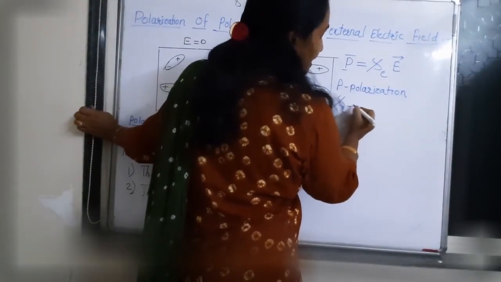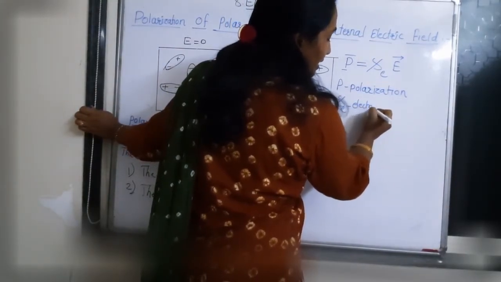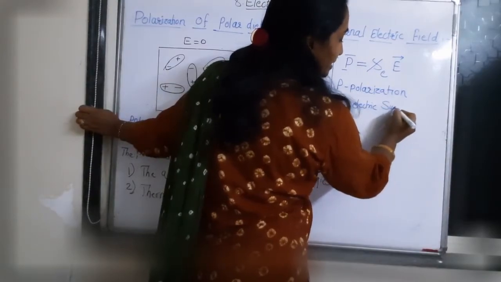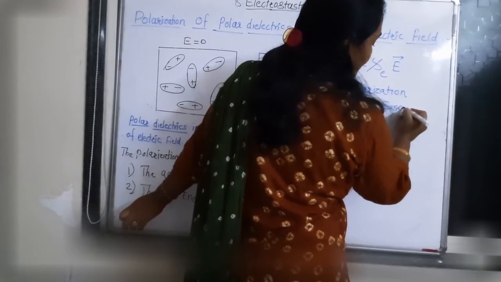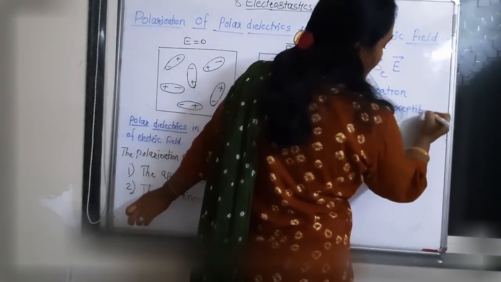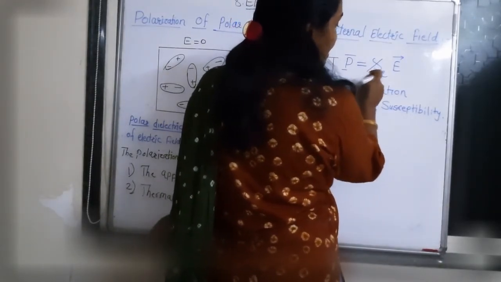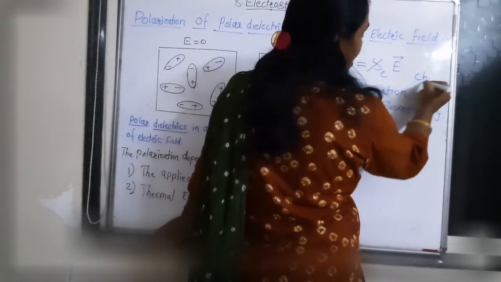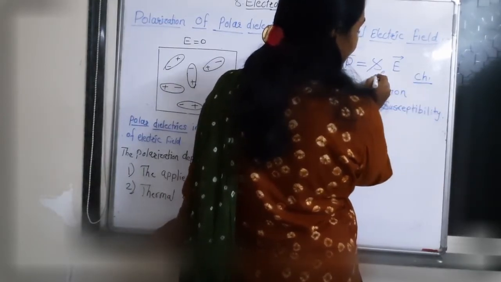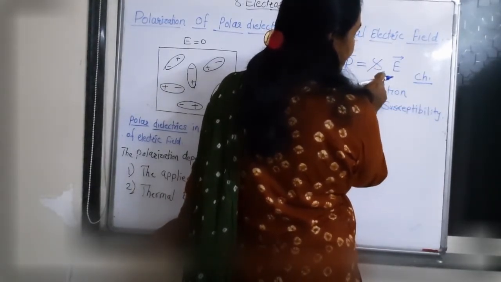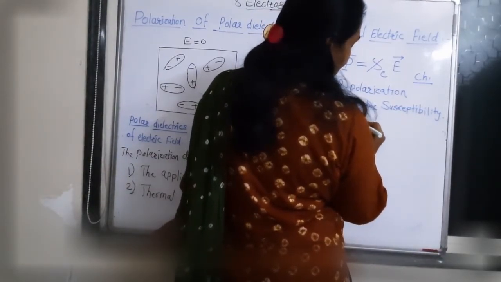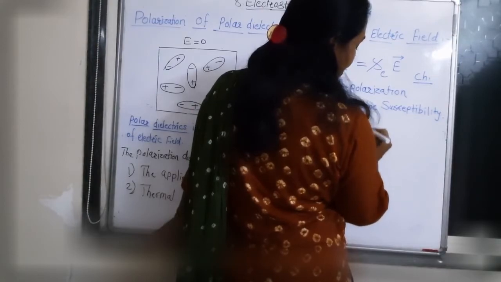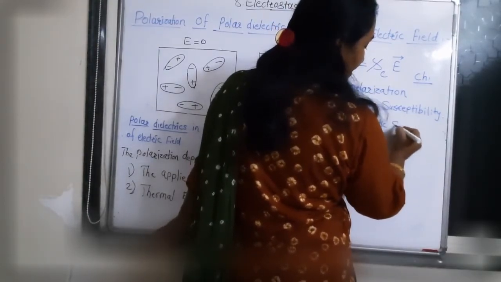Here chi with suffix E means electric susceptibility. If it were chi with suffix m, it would be magnetic susceptibility.